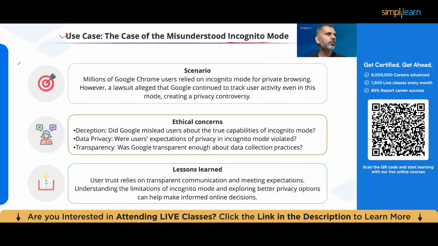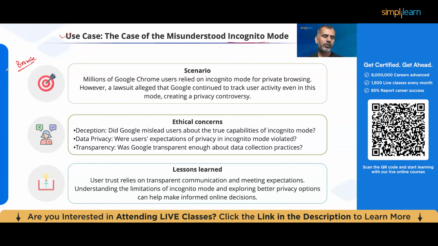So whenever you browse anything, it remains anonymous. We believe that whenever we do any kind of surfing, searching, or browsing, it remains anonymous, so nobody is going to know who is browsing that information, because it is not tracking.